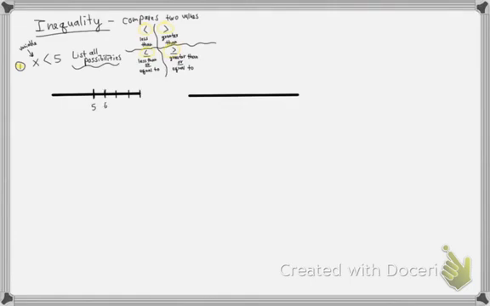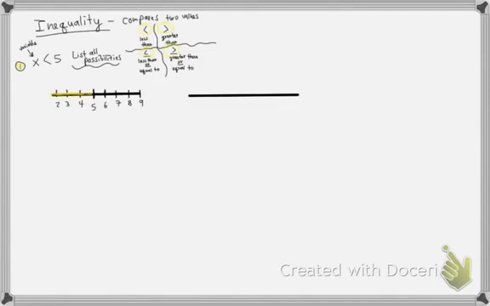So there would be a 6 here, a 7, an 8, a 9. That would mean to the left it would be 4, 3, 2. If I'm looking for numbers less than 5, I'm talking about these numbers, all these numbers up to the 5.